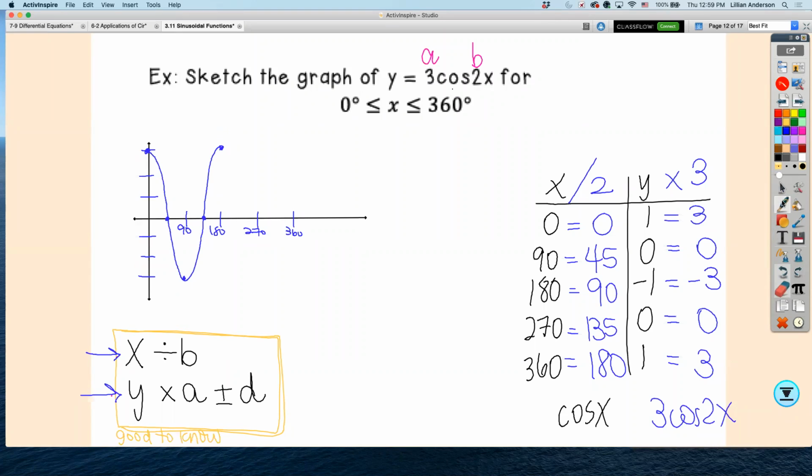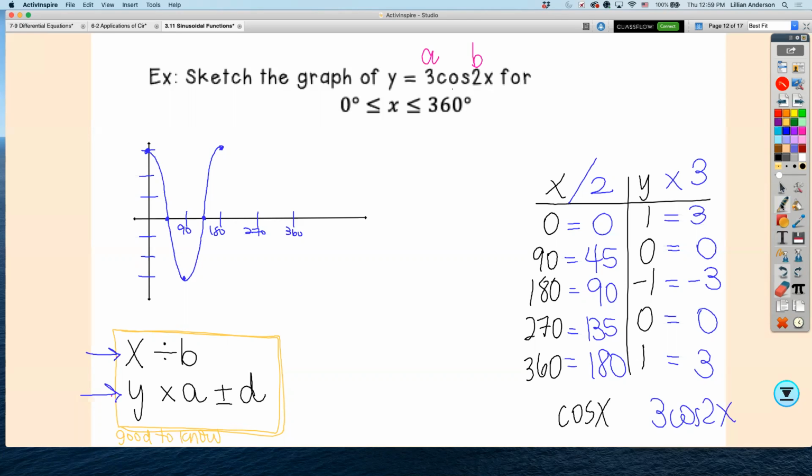And I do have to repeat it because it says to 360. Now, the pattern will only give you 1 complete cycle. But I should have how many between 0 and 360? I should have 2. And I know that because B is 2. B tells me the number of cycles I'll have between 0 and 360. So I need another complete cycle.